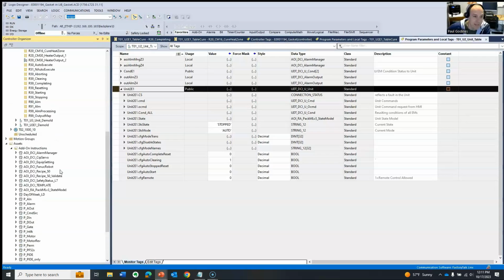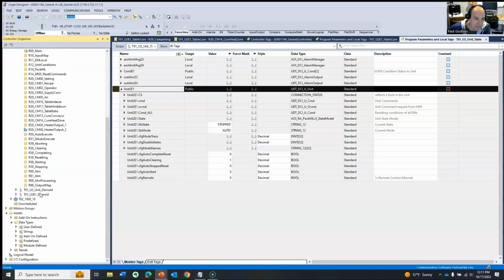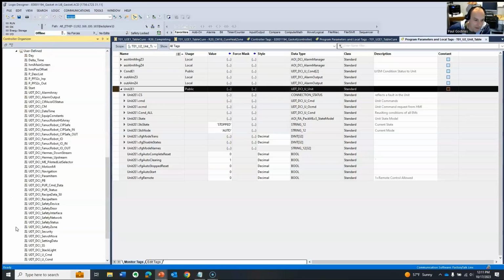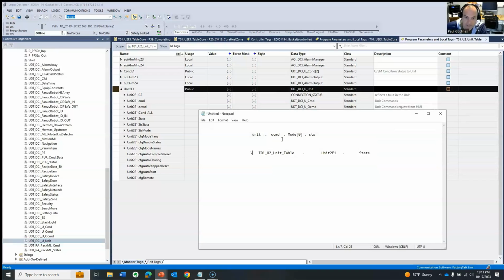Okay, so in our assets, we have add-on instructions, but we are looking for data types, right? UDT, user-defined data types, DCI underscore U underscore unit. Okay, now we found that. All right, so now we need that because we have to break down some of this other information.